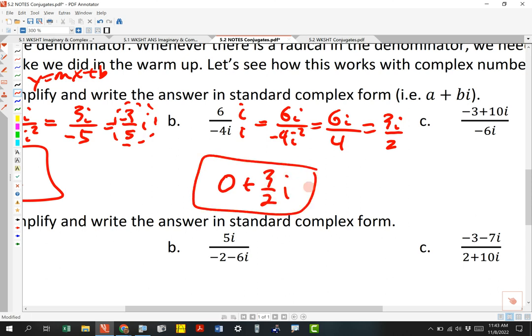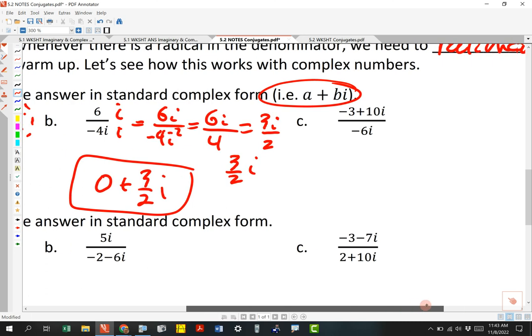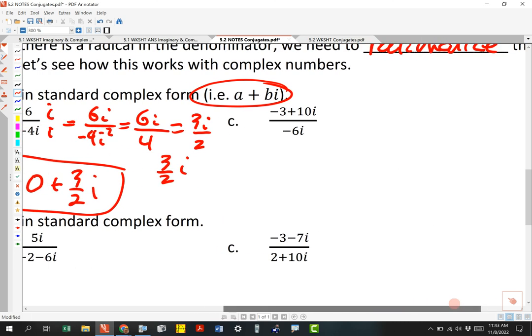Now, we would normally just write it as 3/2 i, but the instructions do say write it in standard form for complex numbers, so we want to have the real part and the imaginary part. That's kind of a pain on the first two. It's less of a pain on this one right here.